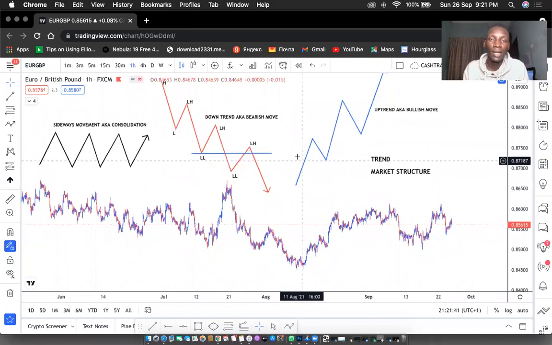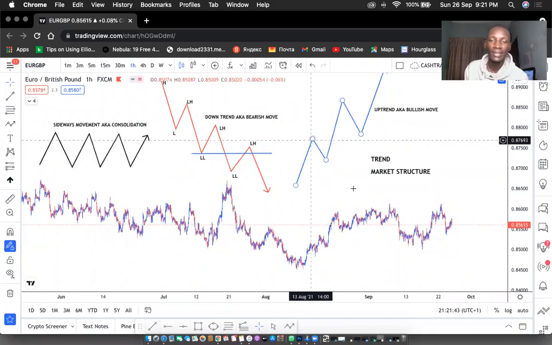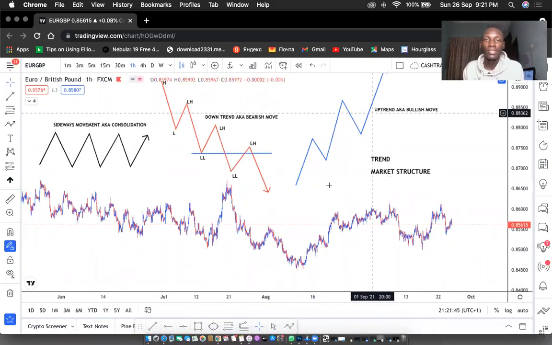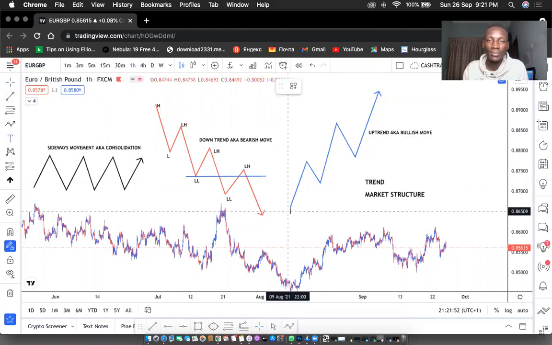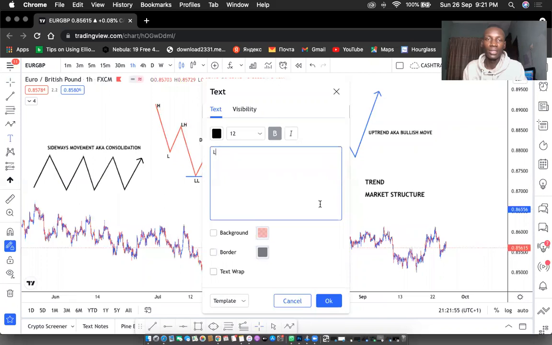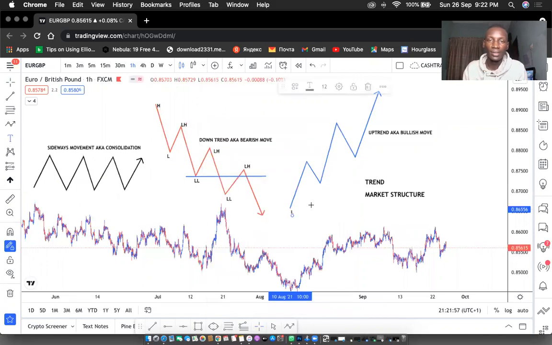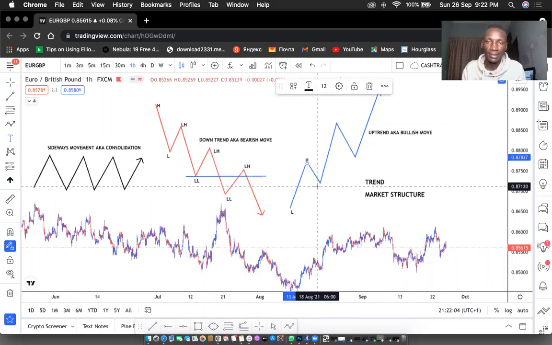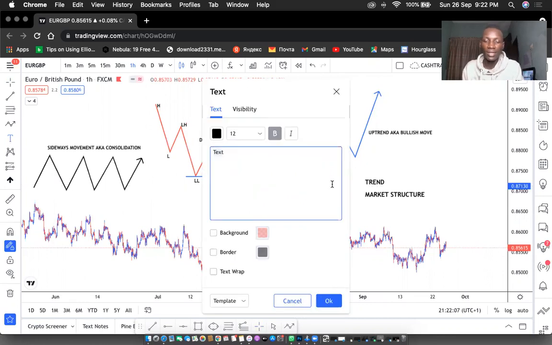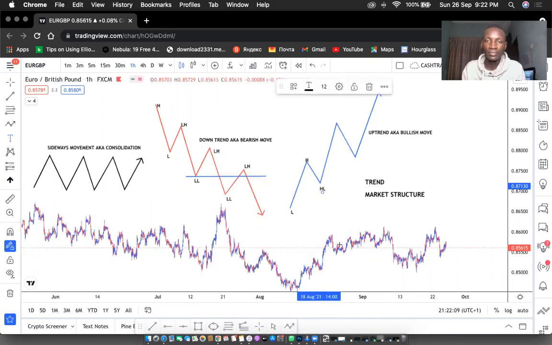Okay. Now, please write down. For an uptrend, when price is going up, it starts from a low point to a high, then it gives you a higher low. Now notice that it has changed from lower high to higher low.